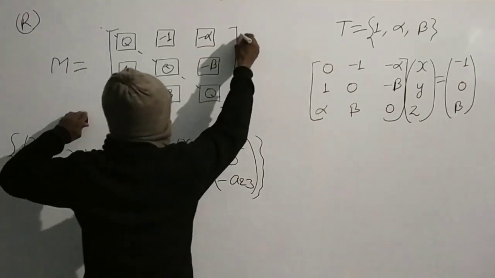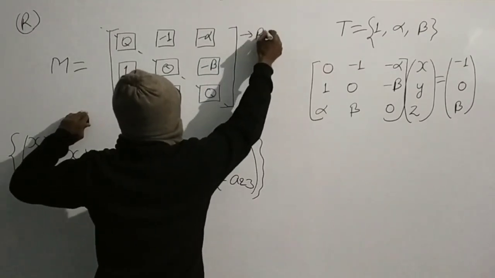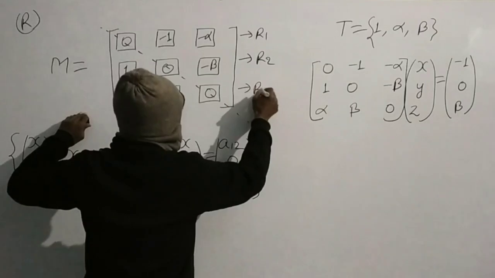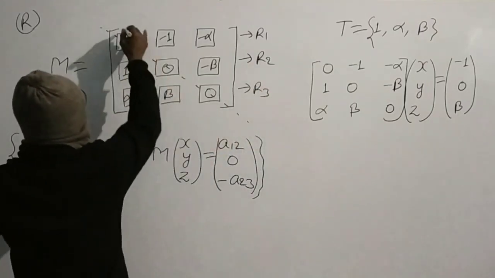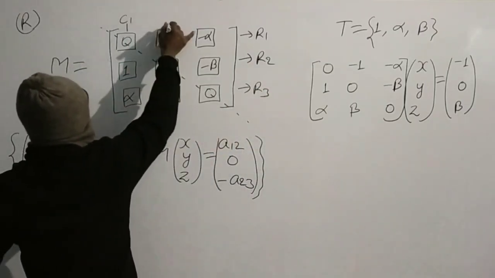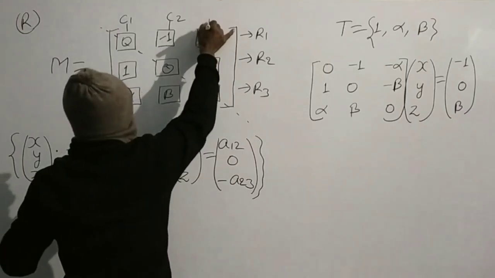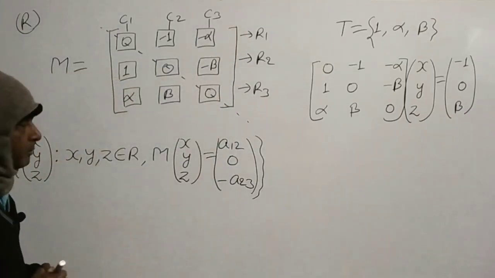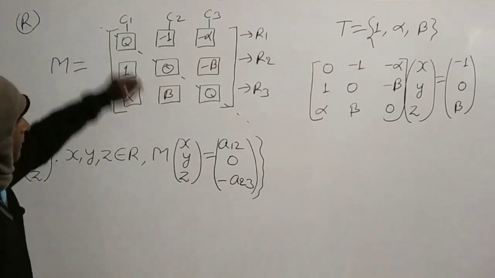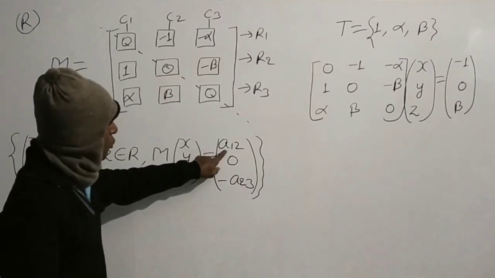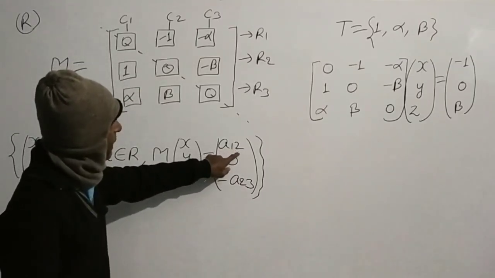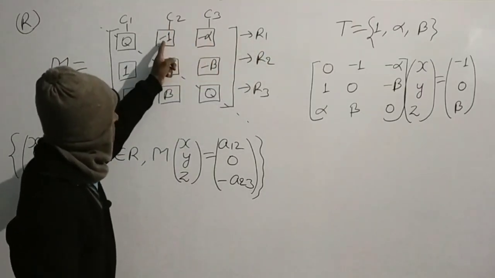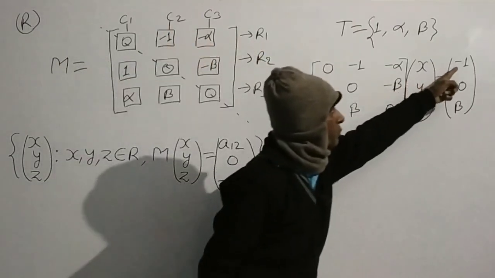This is the first row, R1, this is R2, this is R3, the third row. This is the first column, this is the second column, this is the third column. A12 means first row, second column element. First row, second column element means -1.